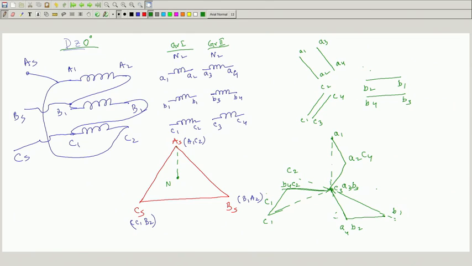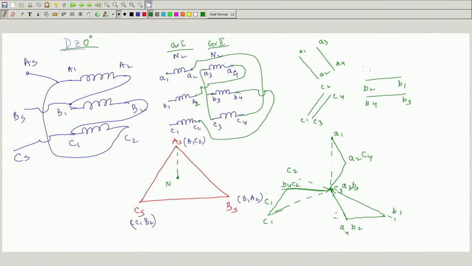So, this is fine. A3 B3 C3 have to be shorted, you short them, and then A2 C4 you join, and then B4 C2 you join, and finally A4 B2 you have to join.